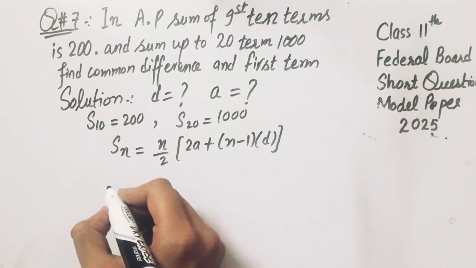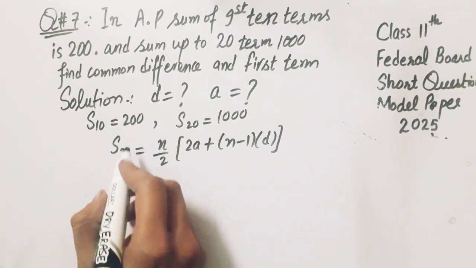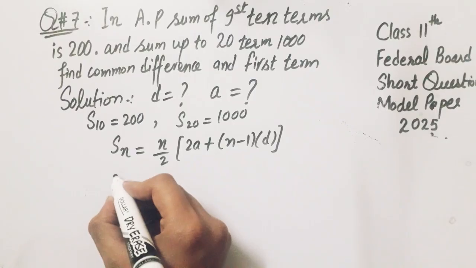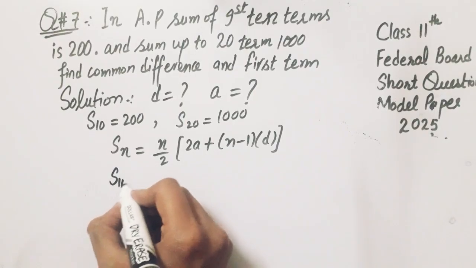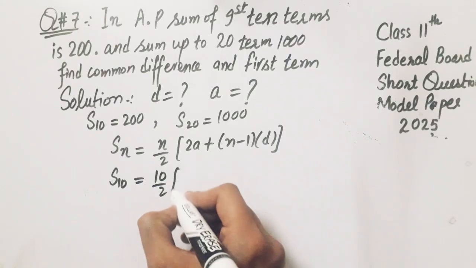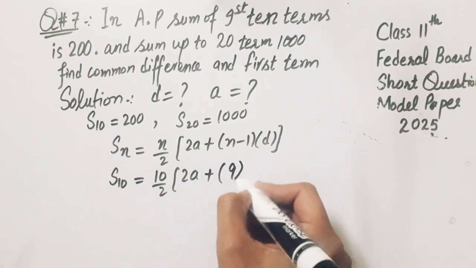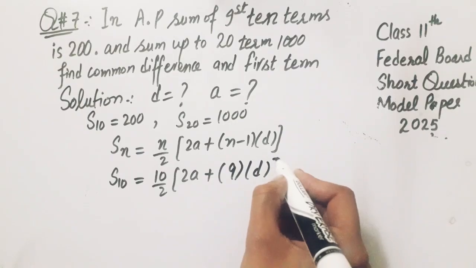So first you put this for S10, which is equal to 200. S10 means n is equal to 10. So 10 by 2 into 2a plus 10 minus 1, which is 9, into d.